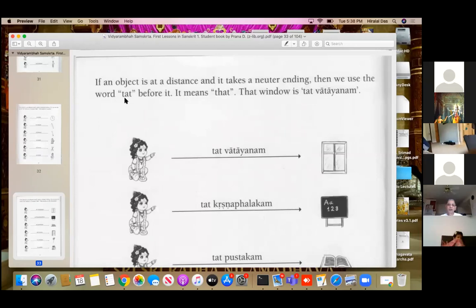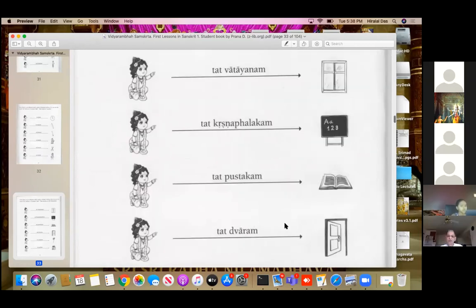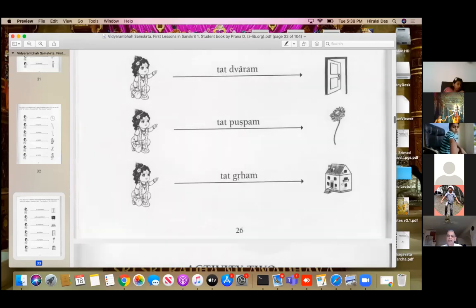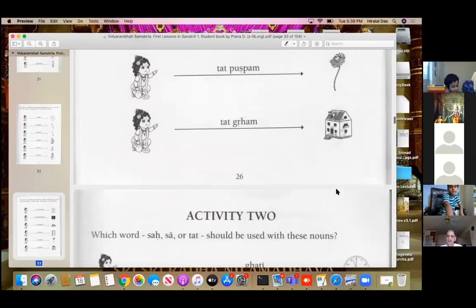So for neuter, we're going to use tat. Tat vatayanam. Tat pustakam. Dwaram. Tat gruham.